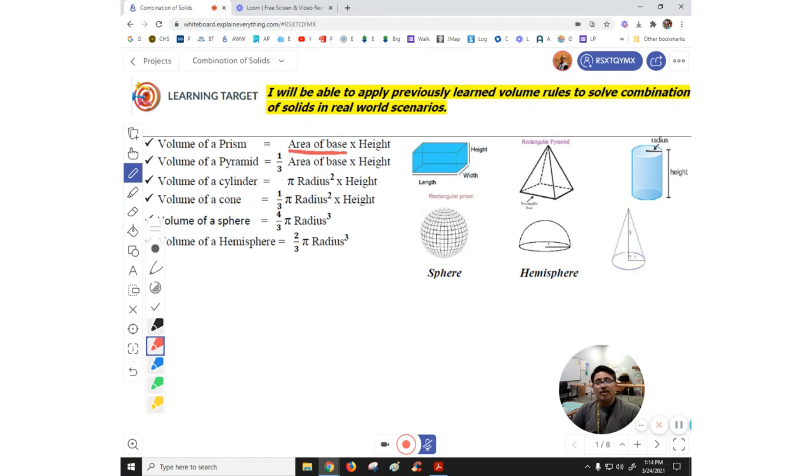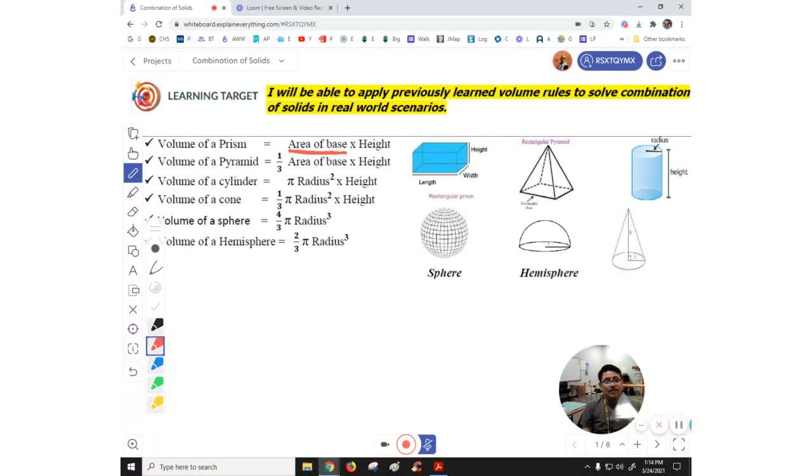Volume of pyramid is more or less the same way as the volume of a prism, but in addition to that, 1/3. I hope you remember the difference between prism and pyramid. If you take a block like this one, whatever the base shape is, this is a square, and even the top is also a square. And what is a pyramid?